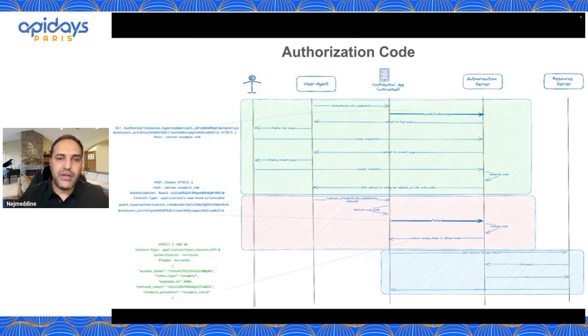This will start the login phase. When the user is logged in, the authorization server will generate a code and redirect the user to the redirect URI that is already configured on the authorization server.